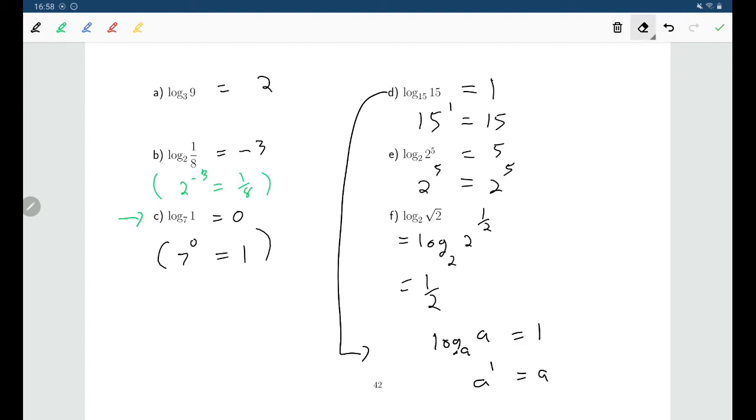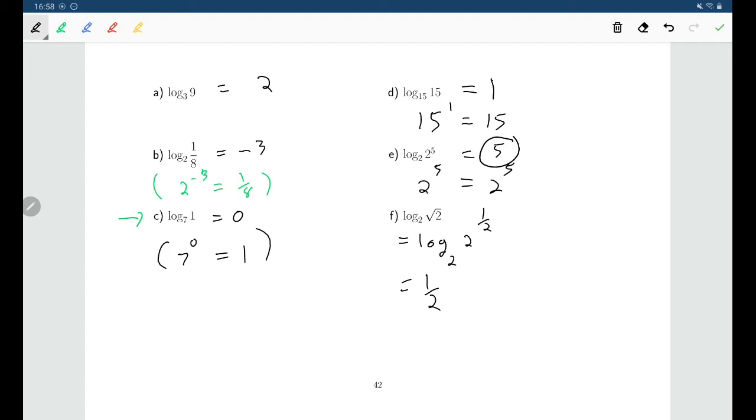And the last little fact that we hopefully might have noticed here is that if we have log base 2 of 2 to a power, that was just the power. Log base 2 of 2 to the 5 was just 5. Log base 2 of 2 to the half is just a half. And that's not true for just base 2, that's true for any base: log base a of a to the x is equal to just x.